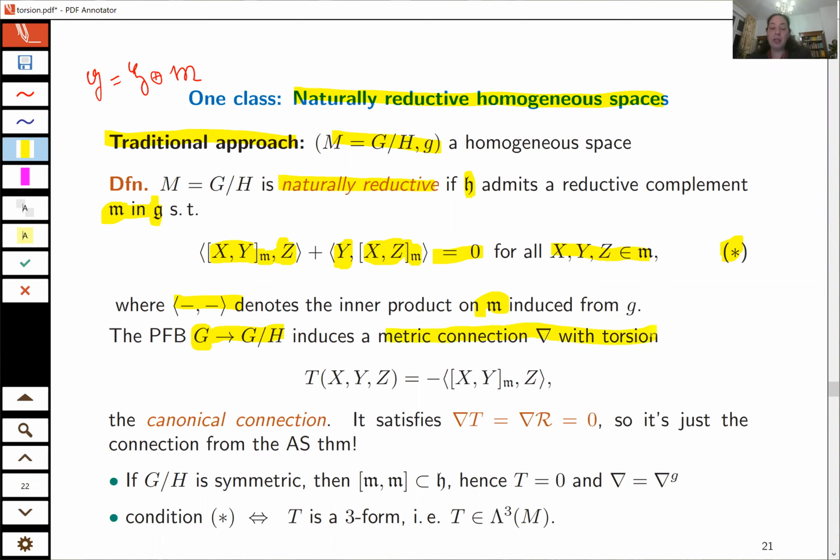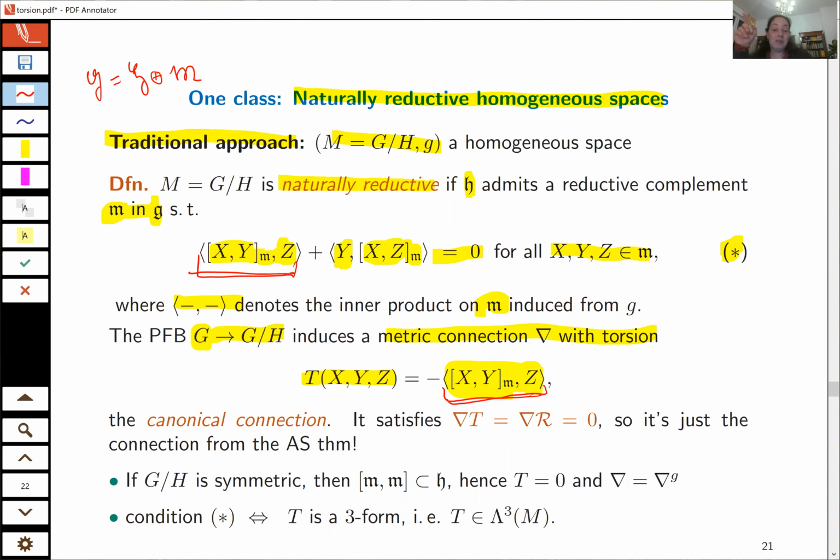If you do the computation, you find that the torsion is going to be the commutator [X,Y] projected down to m, in a product with Z. This is just what's written here. So the torsion is just the first summand in this property of the metric which defines naturally reductive manifolds.